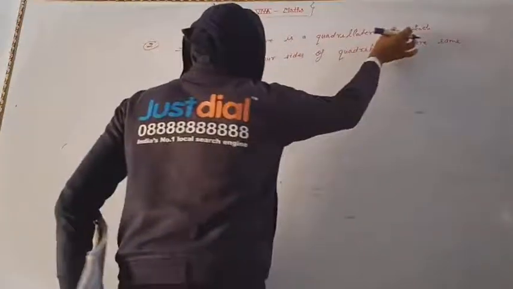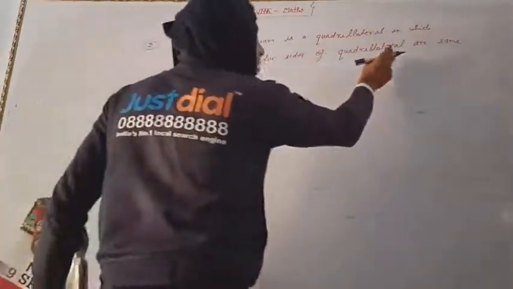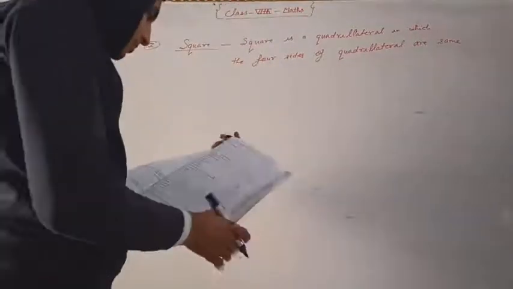Square is a quadrilateral in which the four sides are the same.